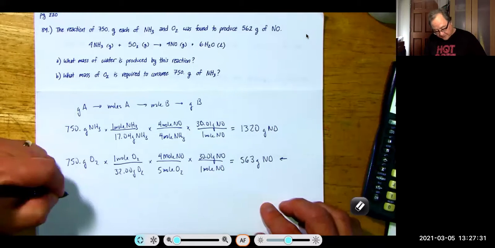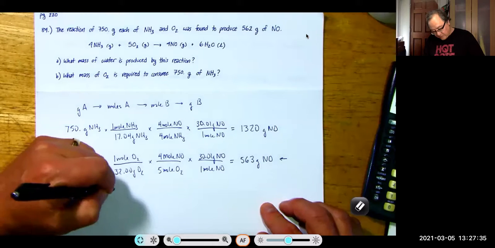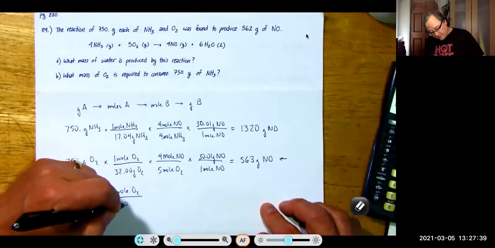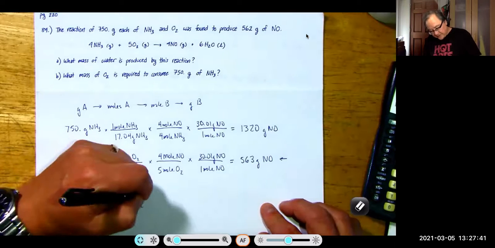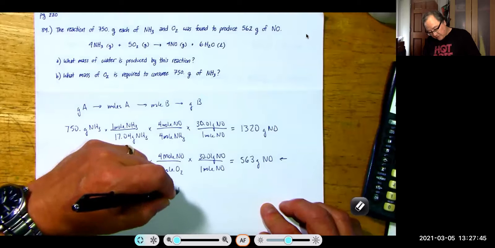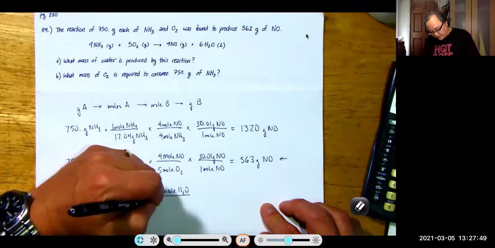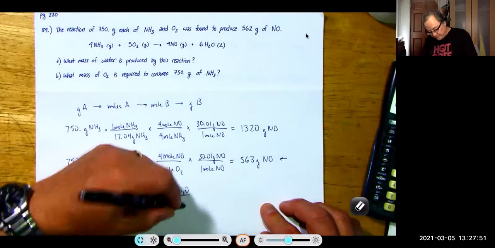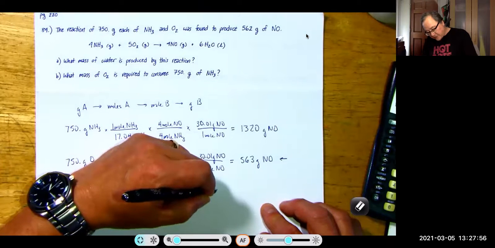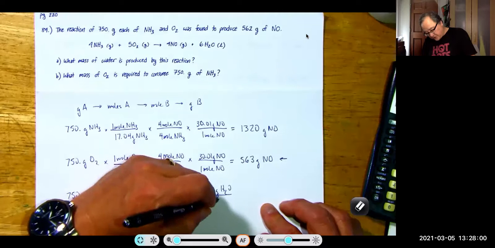So I would take my 750 grams of oxygen times 1 mole of oxygen for 32.00 grams of oxygen times 6 moles of H2O per 5 moles of oxygen times 18.02 grams of H2O per 1 mole of H2O.